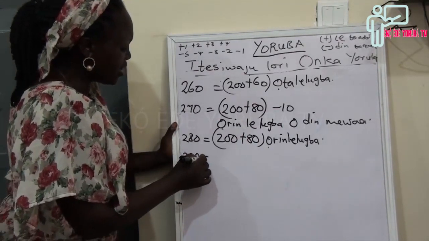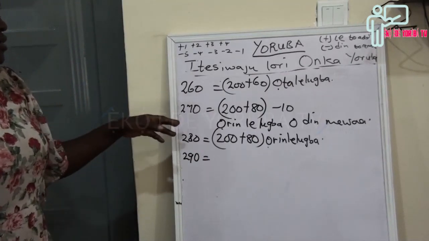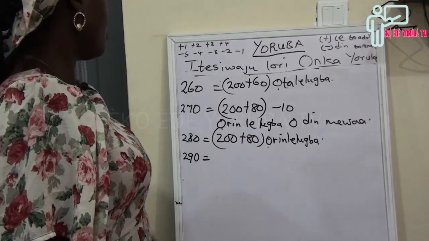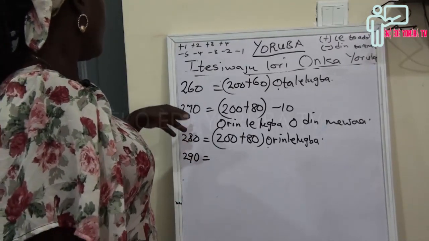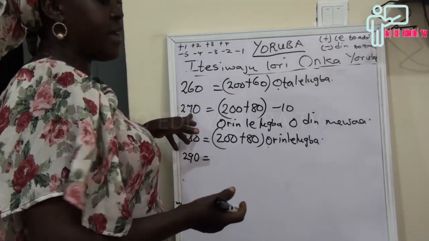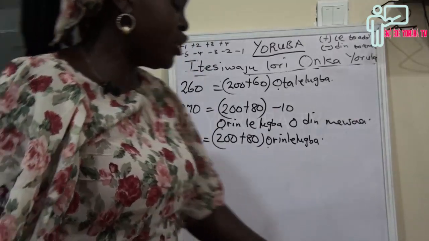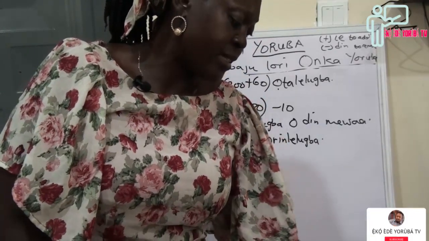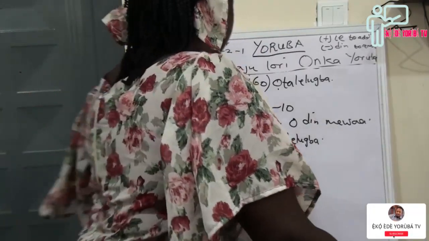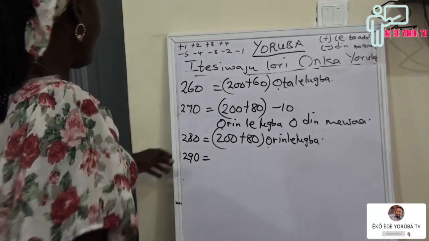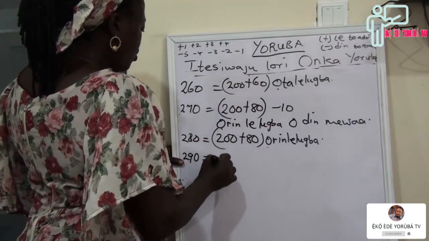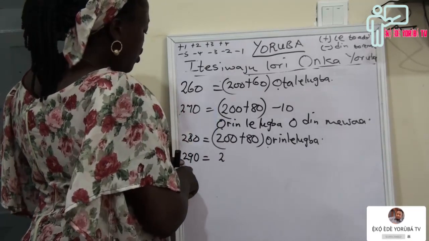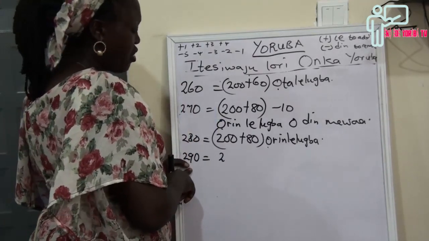290 will be, what is 90? We said 50 is àádọ́ta, 70 is àádọ́rin. But we are not going to use that one like that. So this one now, you say 200, we are going to the whole number 300.